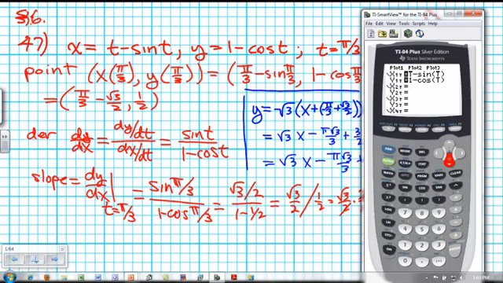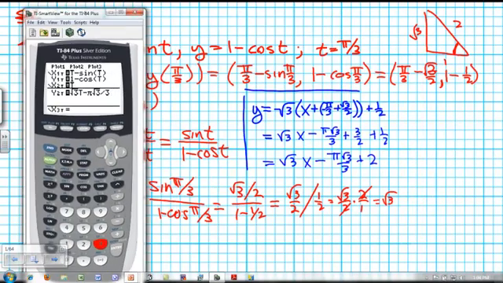And then I'm going to want to put in my equation for the line. I'm going to force x to equal t, and then y is going to end up being root 3 times t minus pi times root 3 divided by 3, and then plus 2. Got to get used to this new way of doing things.